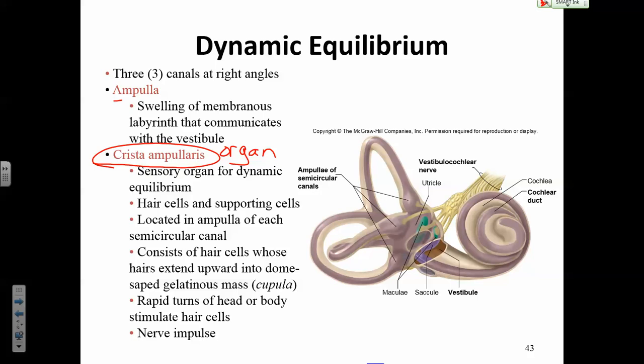I don't care that you know the name of that swollen area, but just know that they're in the semicircular canals. There's one in there, one in there, and one in there. See that little swollen area? That's where they are, the crista ampularis. Okay, now this is how they work.